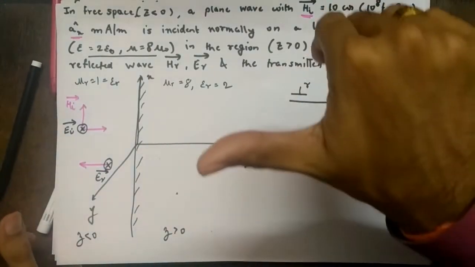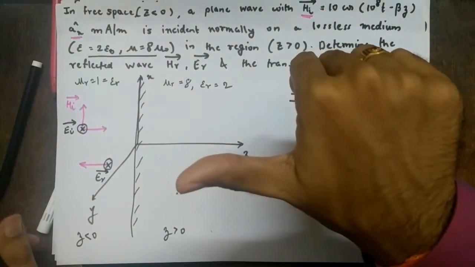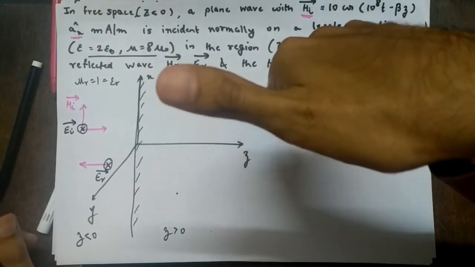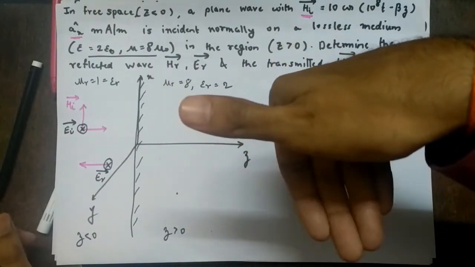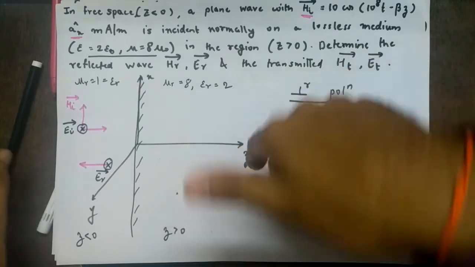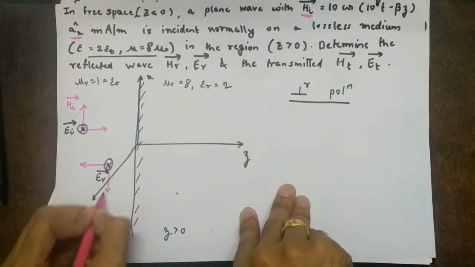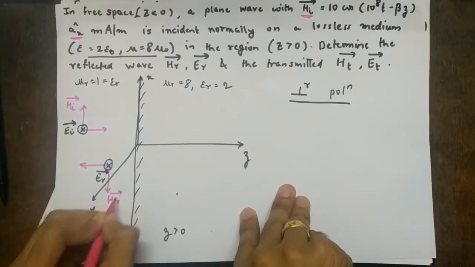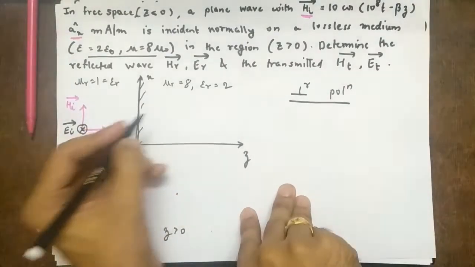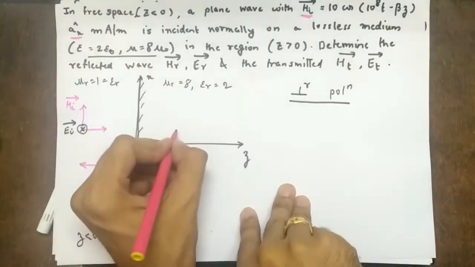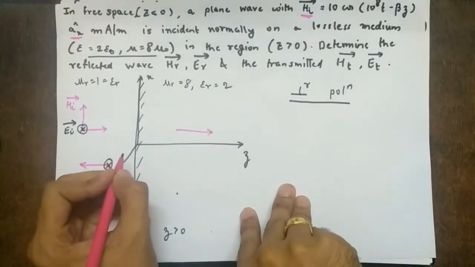So now the direction of thumb is towards left, E is going downwards. So my curled fingers point downwards. So the Hr vector is like this, right? So from this we get the directions. And how is it transmitted? So here it will be transmitted like this only, right?